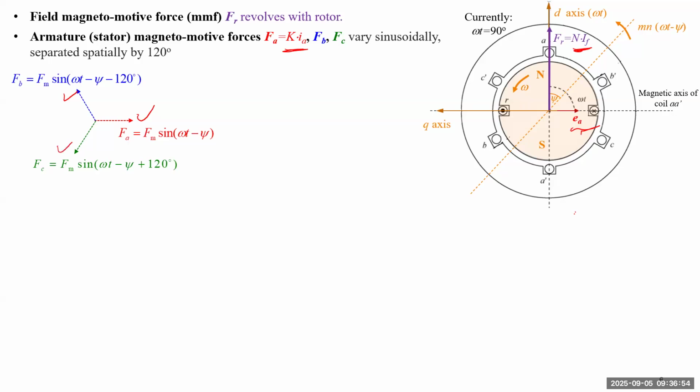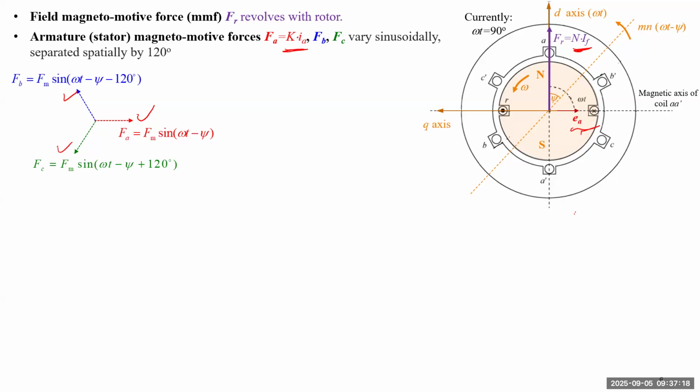And C will be lagging A by 120 degrees spatially. So those 3 arrows only indicate the direction of the physical position for those magnetomotive forces due to the armature stator winding, but they don't tell the length. We still need to determine the length of the phasor.